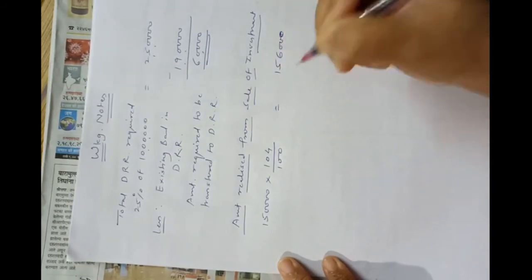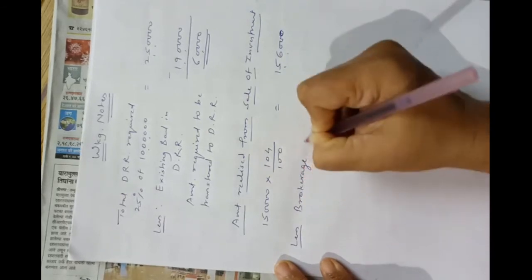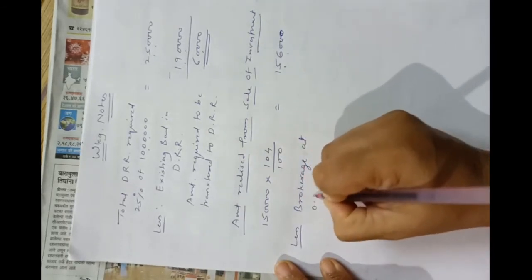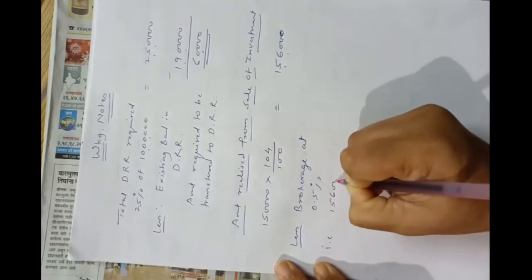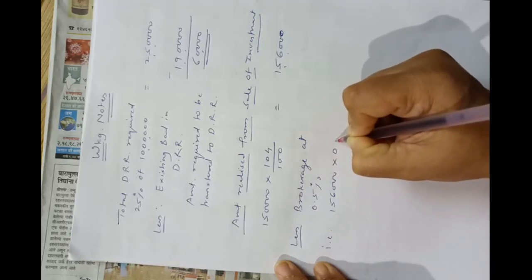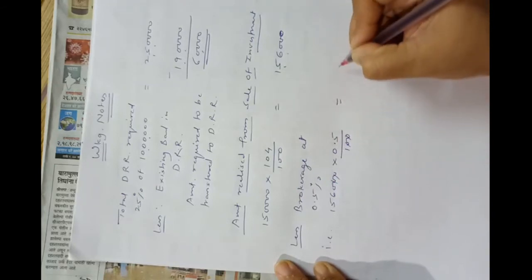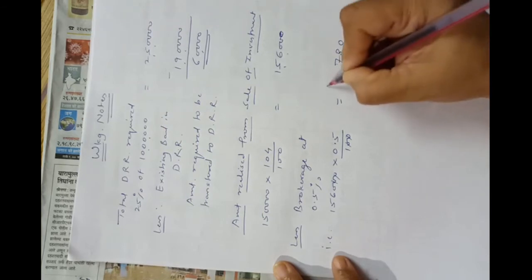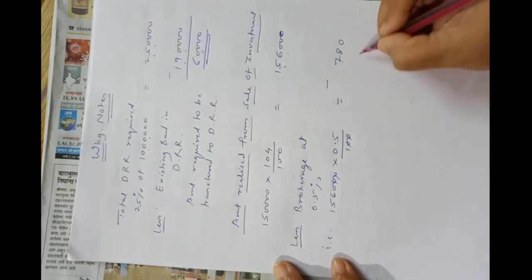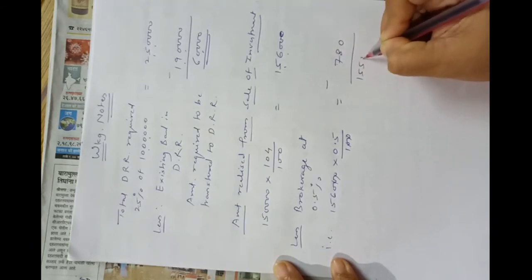But from this 1,56,000 we have to deduct the brokerage. Okay. So less brokerage at 0.5%, that is 1,56,000 into 0.5 upon 100. Okay. So amount is 780. Understood? Now we have to deduct 780 from 1,56,000. So the amount will be 1,55,220.